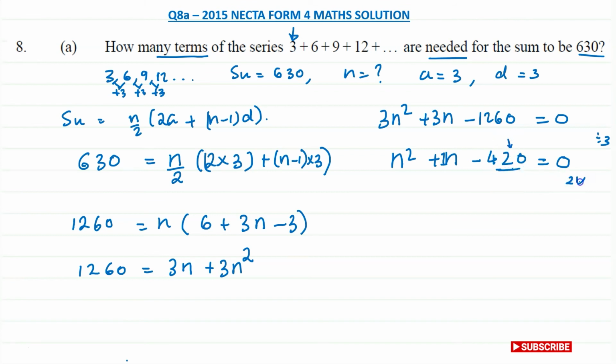So 21 times 20 is equal to 420. I need to end up with a plus 1, so I'm going to make this number positive and this number negative. And those are my numbers that are going into my bracket. So I've got here n plus 21 and n minus 20.